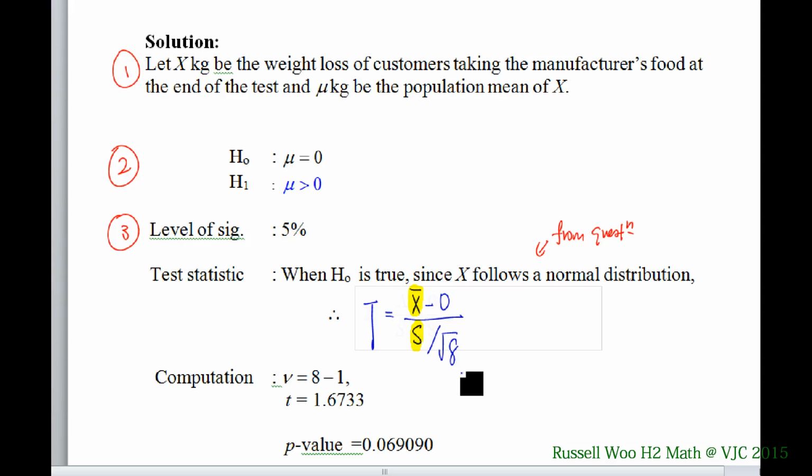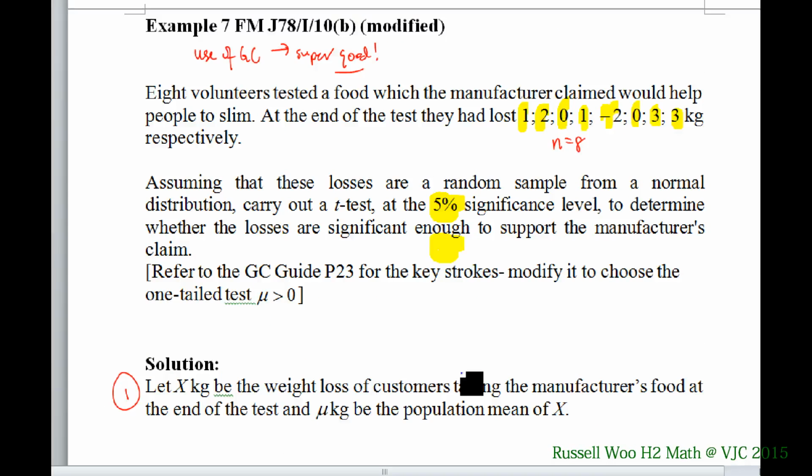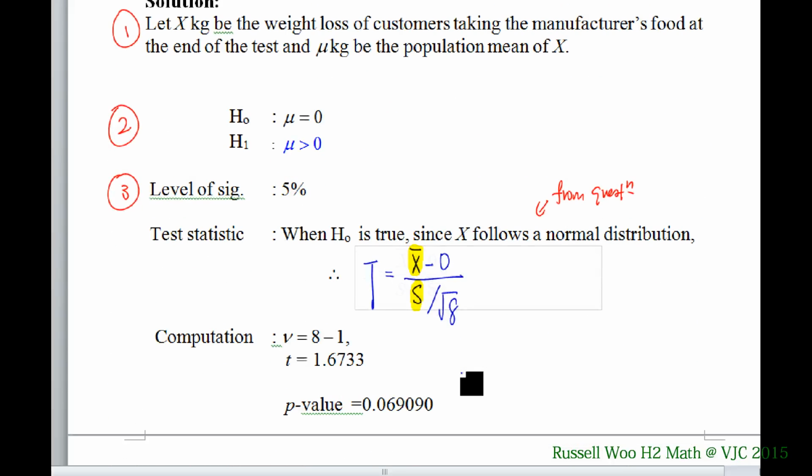Now, this is all from GC. So now I'm going to demonstrate how powerful it is to use the GC. Look at the problem again. Sigma square unknown. You have to find the unbiased estimate. If you notice, in the rest of the printed part, nowhere did I indicate how to calculate S. How do you calculate S?